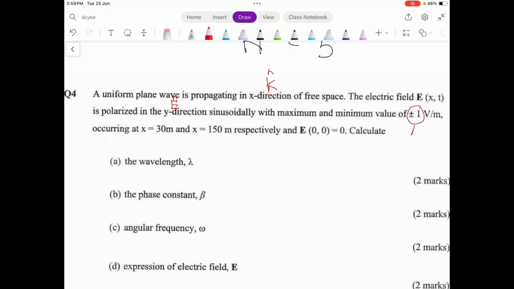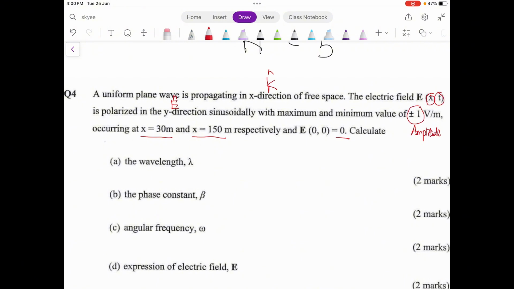This value is the amplitude. The maximum and minimum values occur at x equals 30 meter and x equals 100 meter respectively, and the E at position 0 and time 0 is equal to 0.